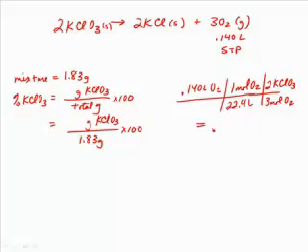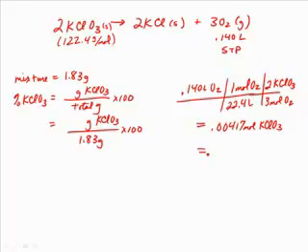So 0.0417 moles of potassium chlorate, and I need grams, so the molar mass, let's see, 39 and chlorine and 3 oxygen, so we should have a molar mass of about 122.4 grams per mole, which means that many moles is going to be equal to 0.511 grams, and that's the value.